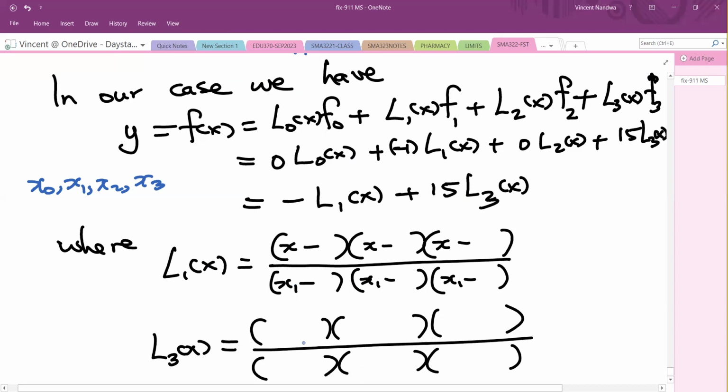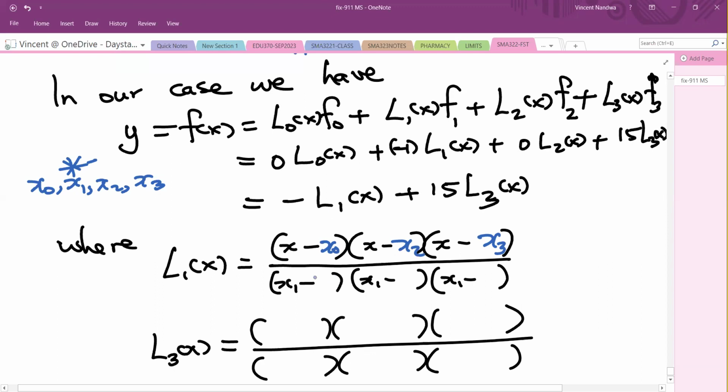The brackets are symmetrical in the numerator and denominator. So my starting values will be x0, x2, and x3.